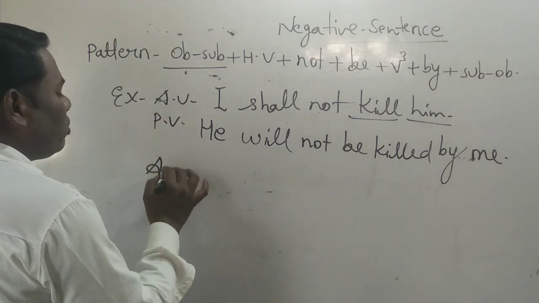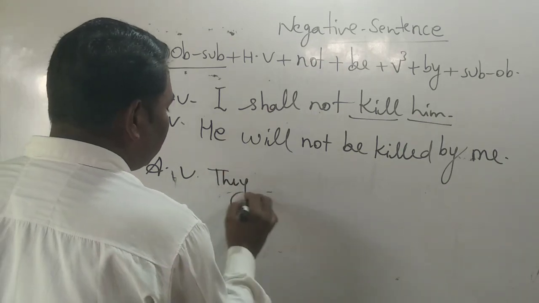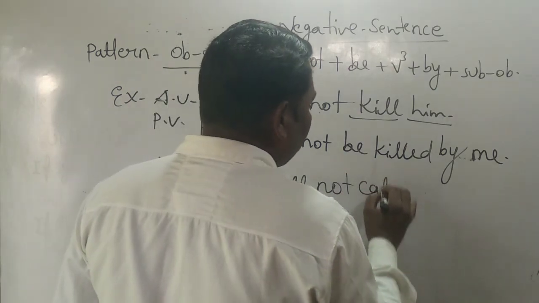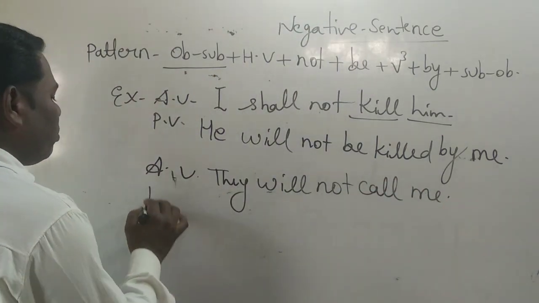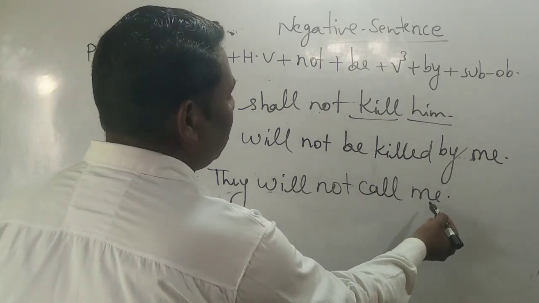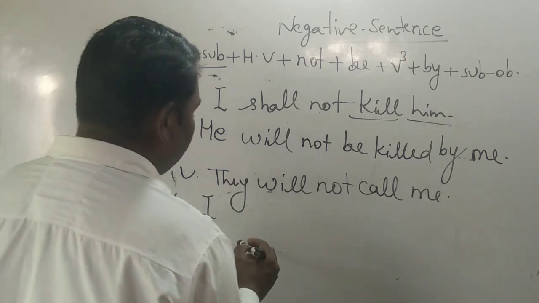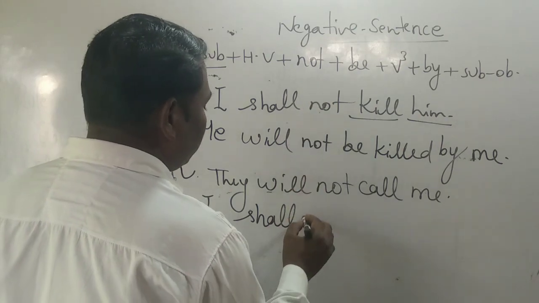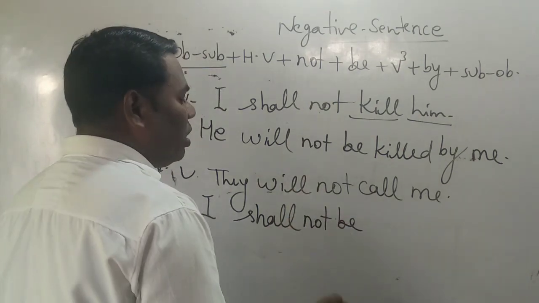Next example, for example, they will not call me. This is your example. Change into passive voice. So me will be changed into I, and with the subject I use helping verb shall, and that is a negative sentence, so use not, and then be, and then V3.